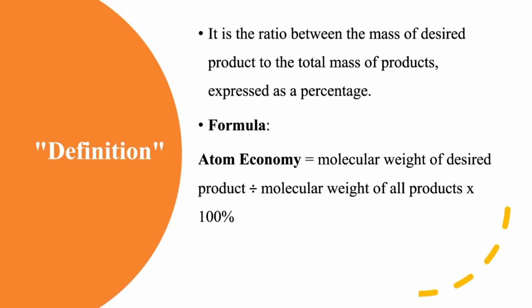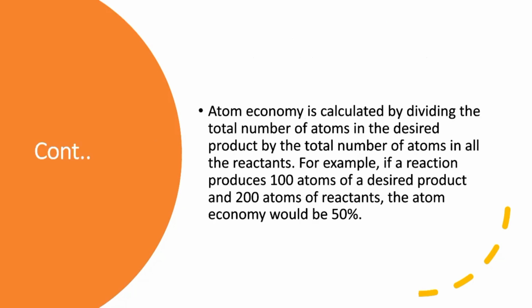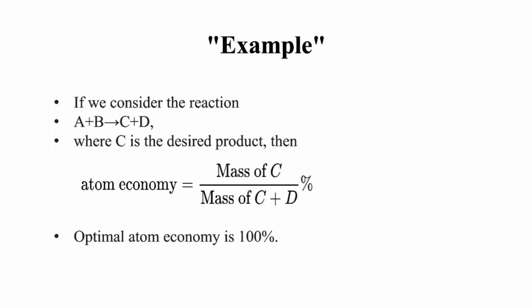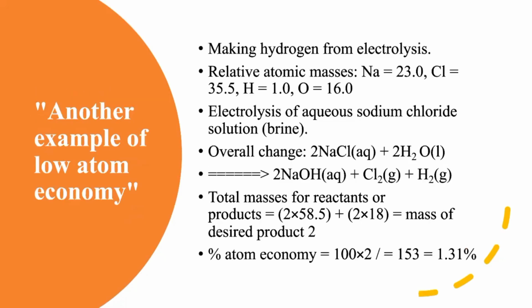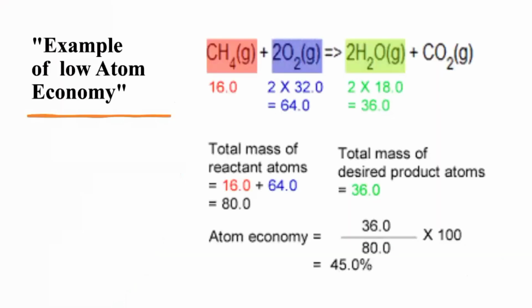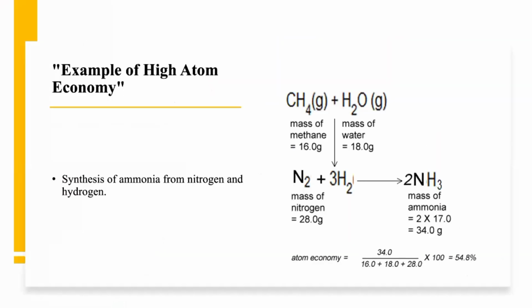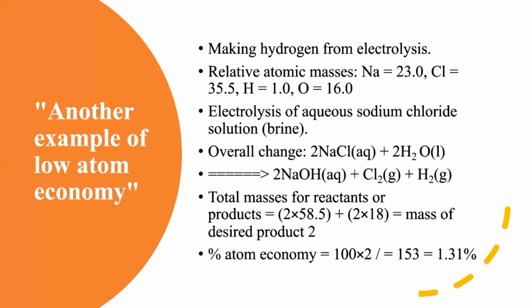The reaction which produces only one product has high atom economy. As you can see in the formula of high atom economy, it produces only one product, which is ammonia. And the reactions that produce more than one product have low atom economy.